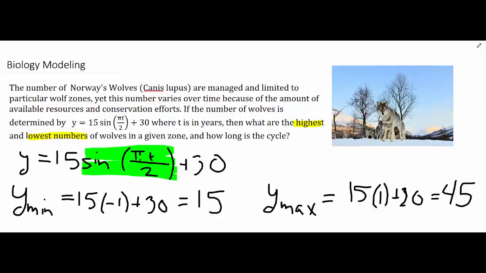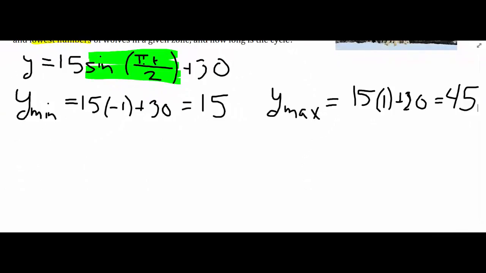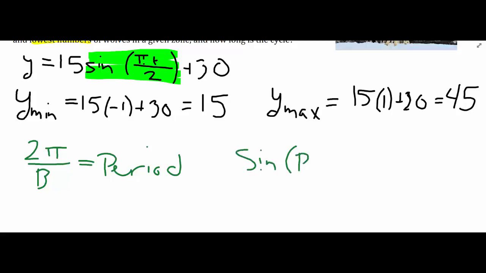And now I want to determine, how long is that cycle? Well, I know information about the period, so the period will be how long that cycle is. And that's always given by 2 pi divided by whatever the number is equals the period. That's if I have something along the lines of sine of bx. So in our instance here we have pi t over 2, so my b value is pi over 2.